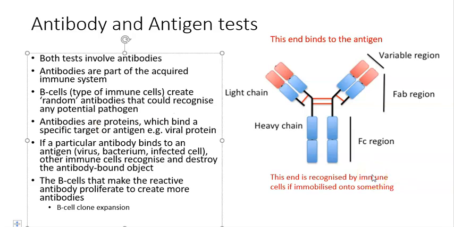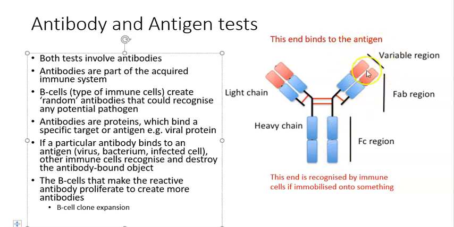There are two ends of an antibody. The antibody is made up of 4 protein chains, 2 light chains and 2 heavy chains. The two ends are the variable region, which is the bit that differs between each and every antibody, and the constant region, the Fc portion, which is the same between each antibody.